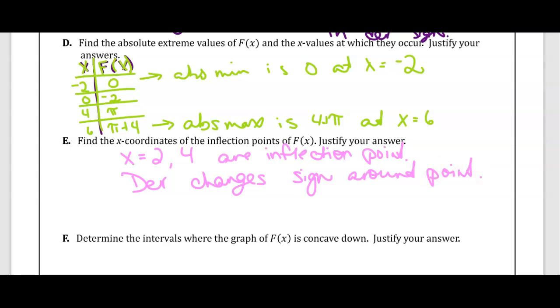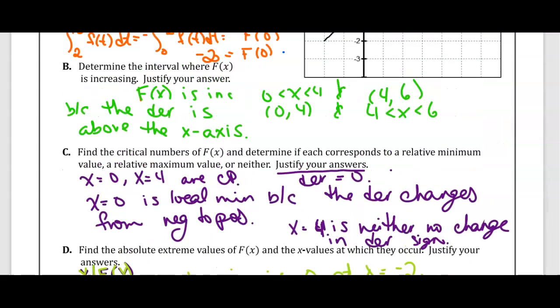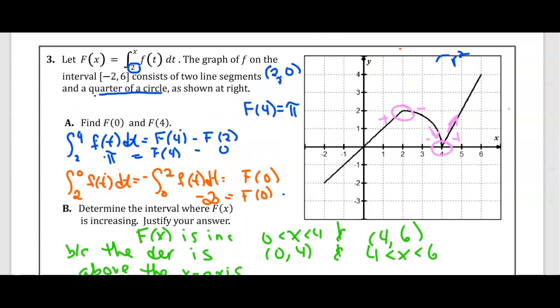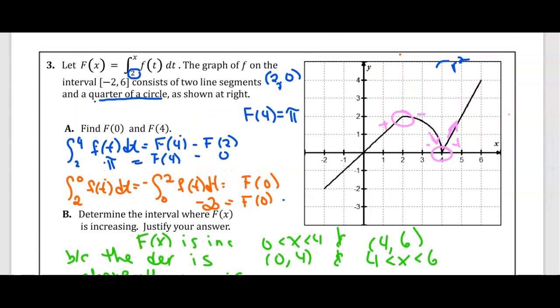Oh, good. Concavity is coming up right now. All right. Determine the interval where f of x is concave down. Justify your answer. Let's look. Do not look at your actual picture and think of that concavity. You're thinking of where this thing is moving. If the second derivative is negative, then it's concave down. If this is the first derivative, we want to take the slopes of this.